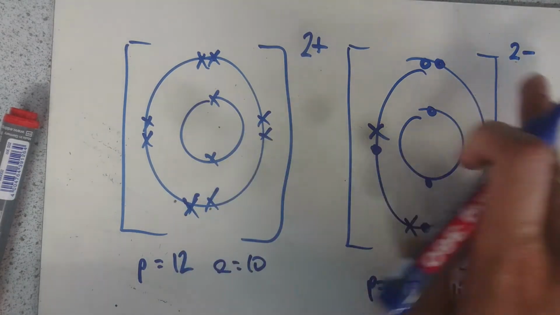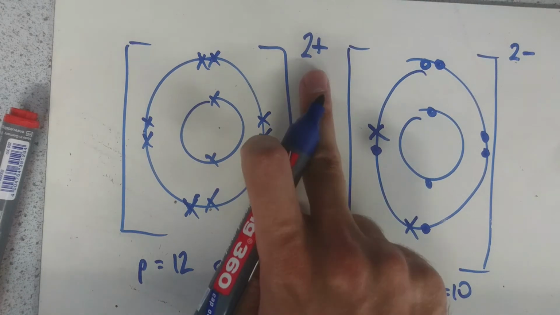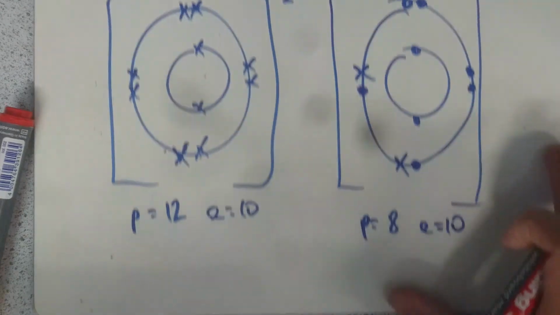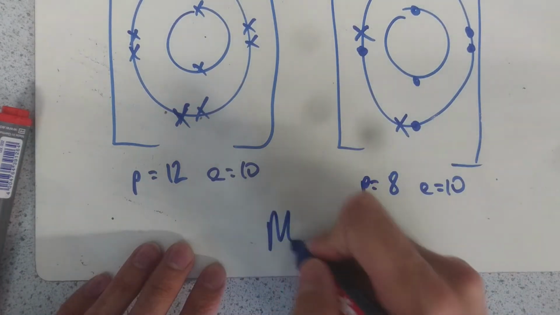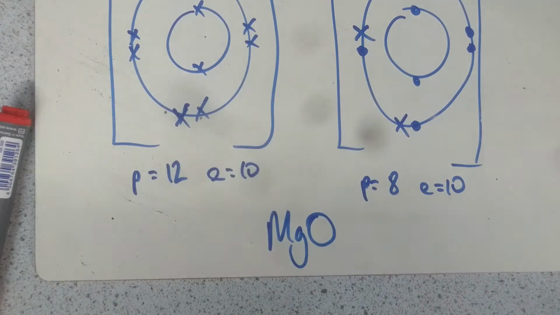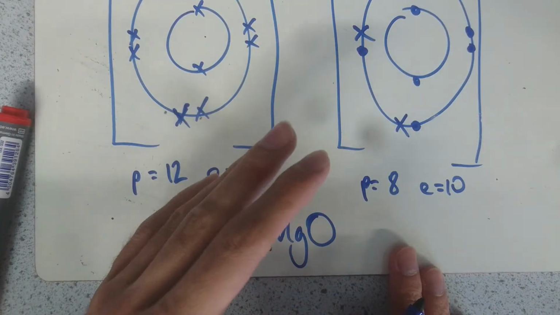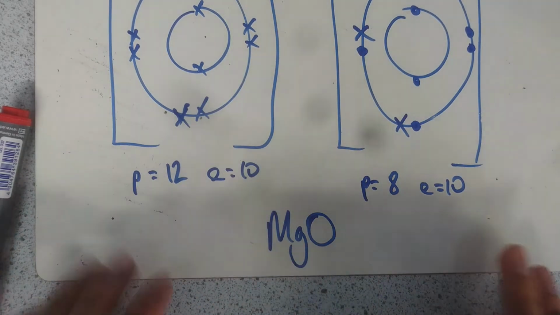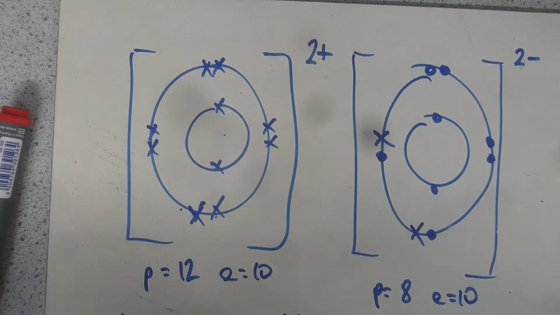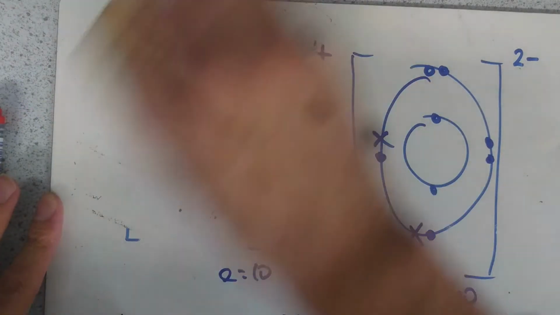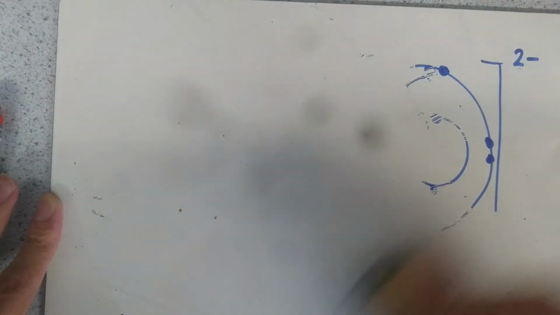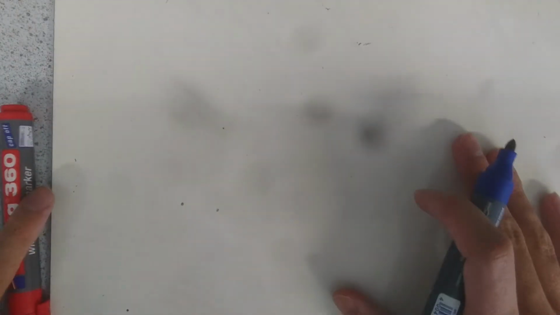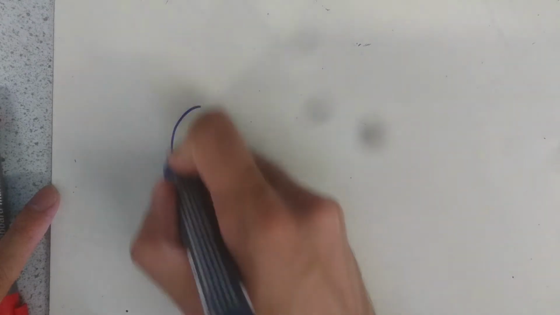And again, these charges cancel out. So we've got 2 plus cancelled out by a 2 minus. So that gives us magnesium oxide. For every 1 magnesium, you'll get 1 oxygen. So we get 1 magnesium to 1 oxygen. This just tells us the ratio. We'll now have a look when we put numbers in. So I'm going to stick with magnesium.